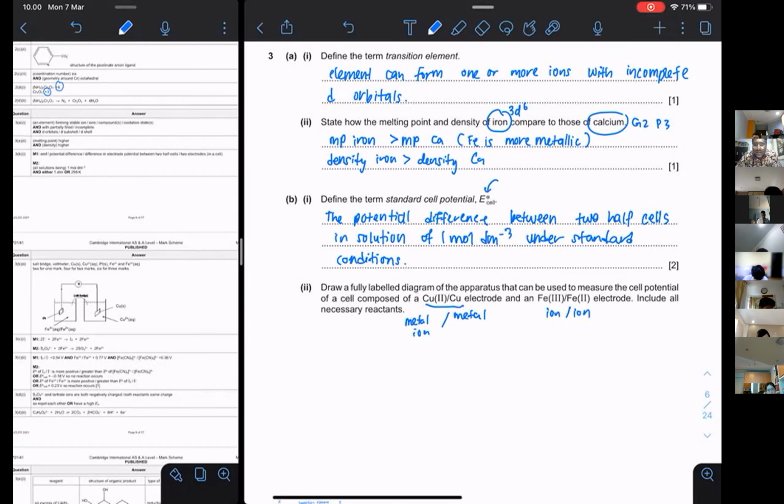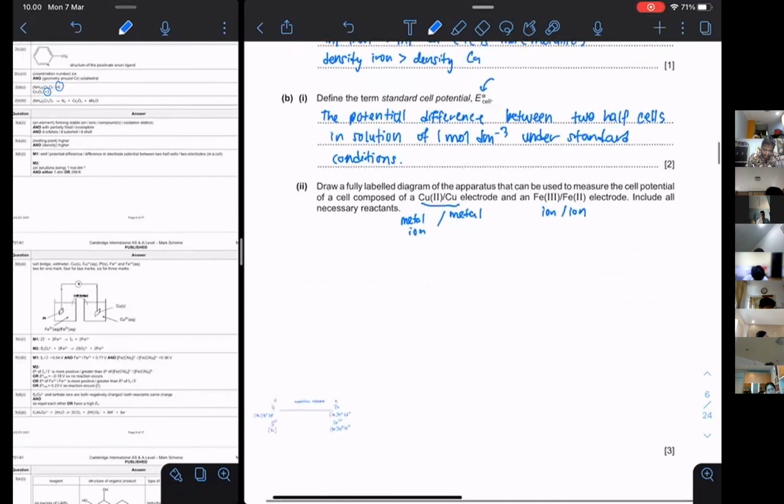So for the metal and metal ion, maybe I put copper, and inside I put copper 2 plus.